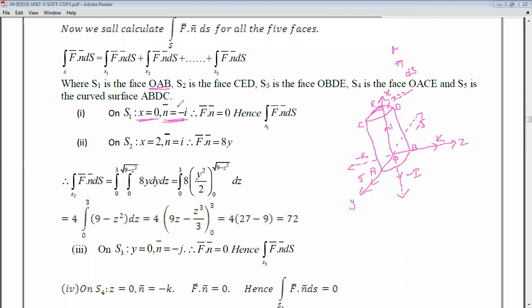So if x is equal to 0, now F bar dot n bar. So what about F bar?